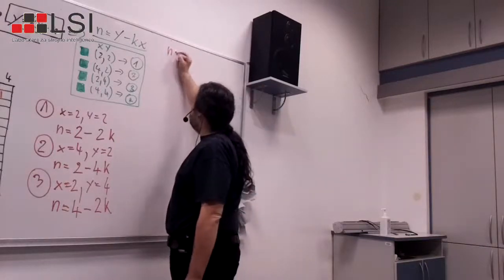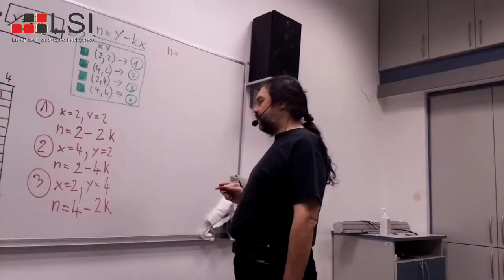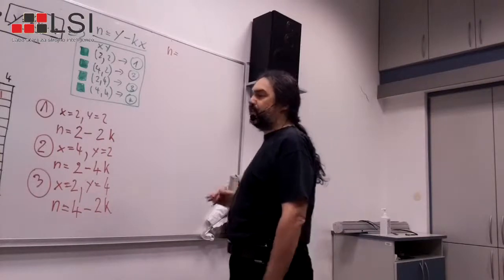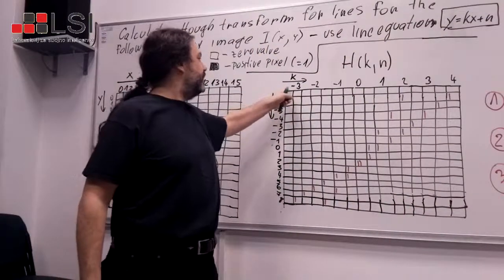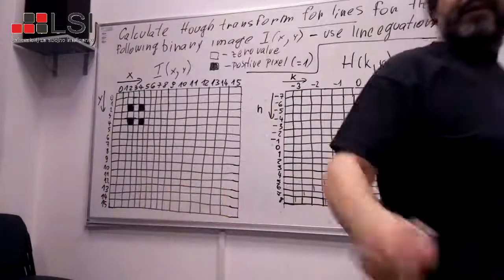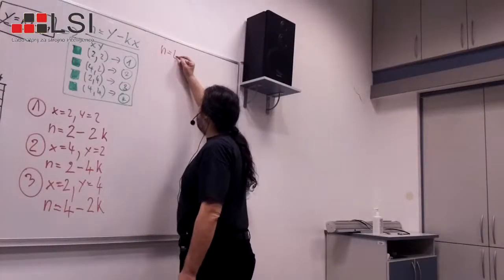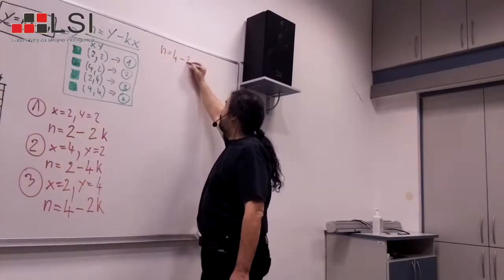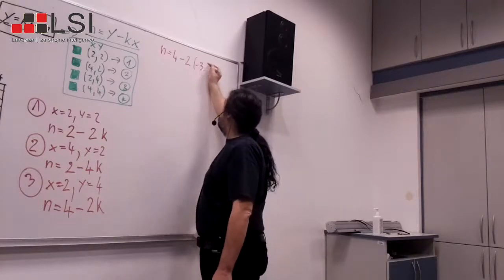So n, the first one is the first k with which we always start. It's minus 3.5 here, first column. According to this equation, it would be 4 minus 2 times minus 3.5.